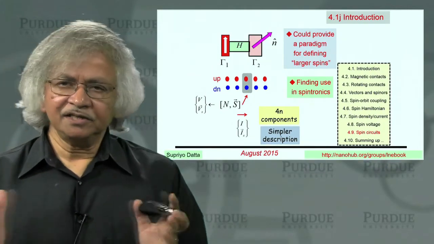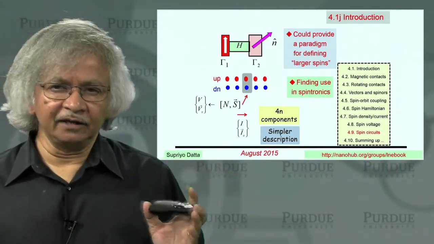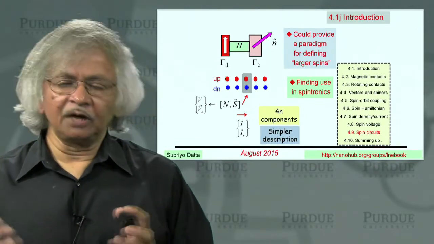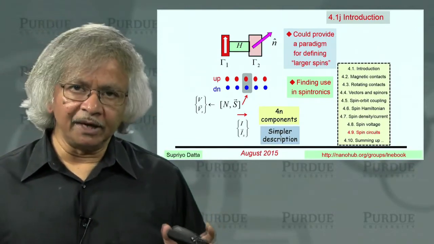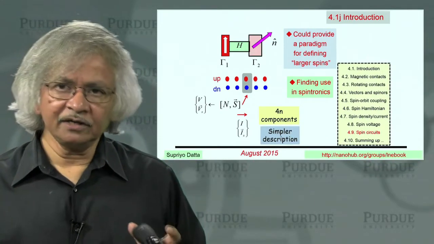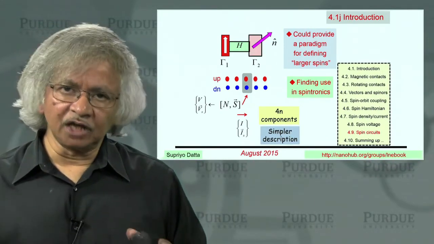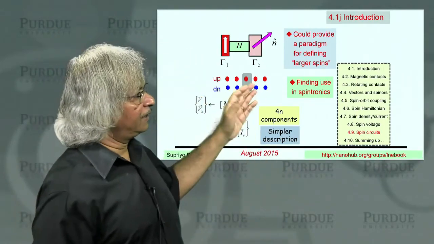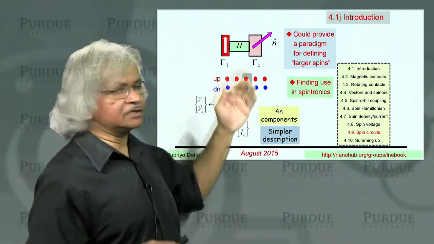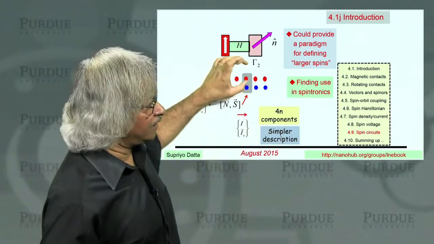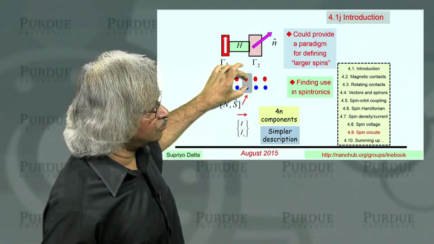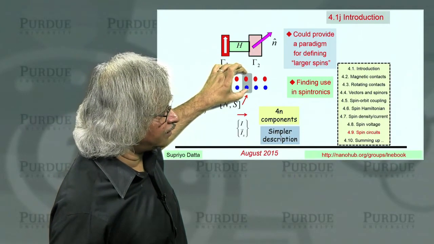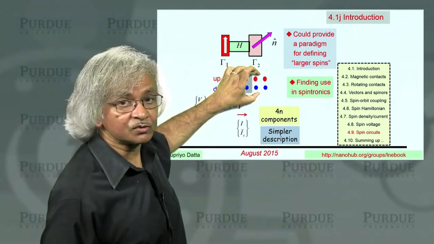Because NEGF gives us a general way of handling quantum transport. But the practical problem is once the matrices get too big, it is not very easy to solve those equations. And so one good way to handle it could be that instead of keeping all these off-diagonal elements, you say that, well, we'll just take 2 of these and keep the off-diagonal elements here, but won't worry about off-diagonal elements between this one and the next one.